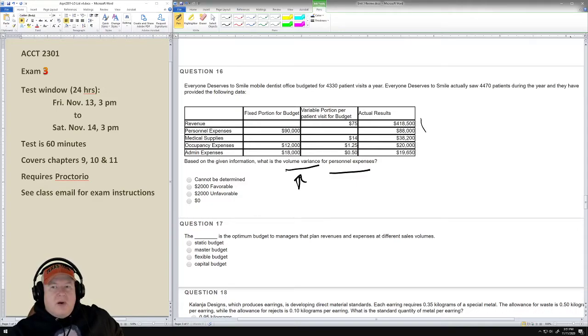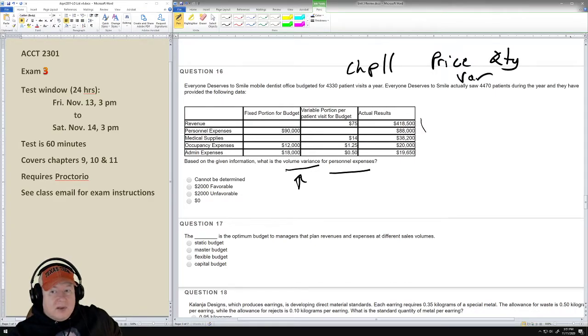So remember in chapter 11, we look at price and quantity variance, right? This is neither of those. If you remember in chapter 10, we looked at the master budget and we looked at actual results, and then we said we need to create a flexible budget.